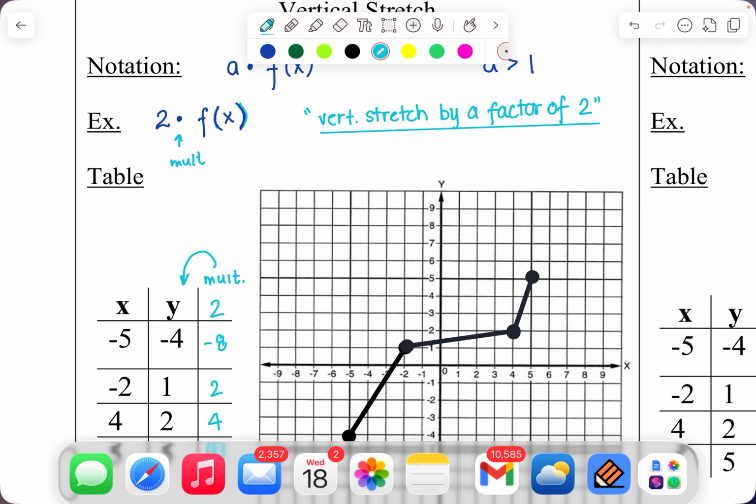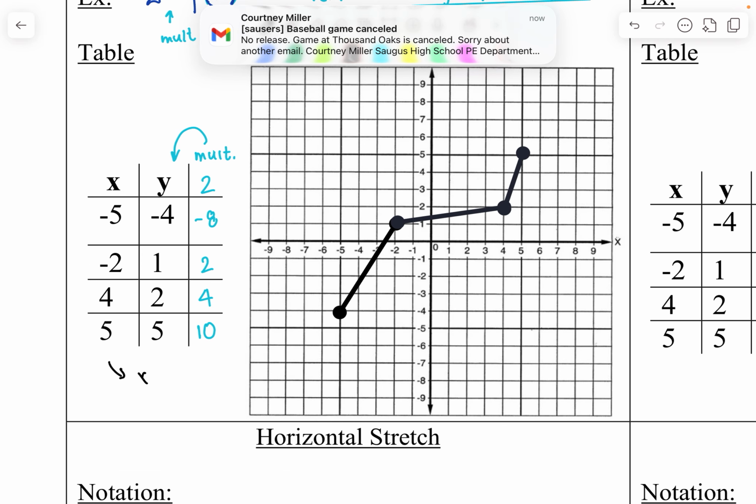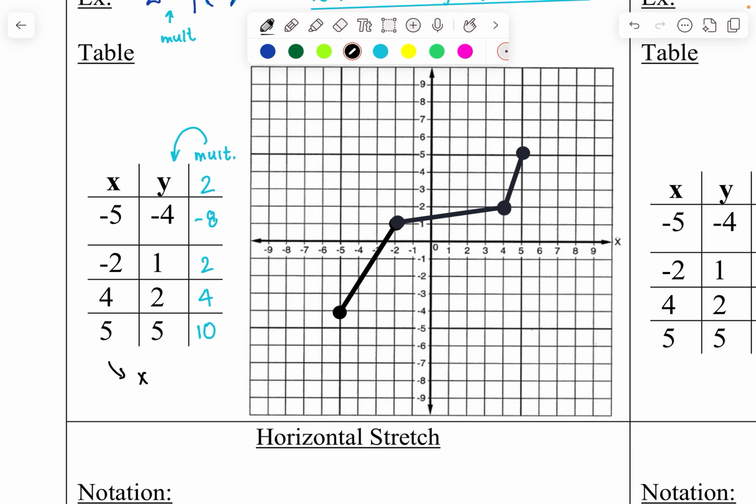Now that we have our new y values, we can go ahead and pair them with our old x values, okay? Here we go. Negative 5, negative 8. That's down here. We're stretching this guy out. Negative 2, 2. 4, 4.